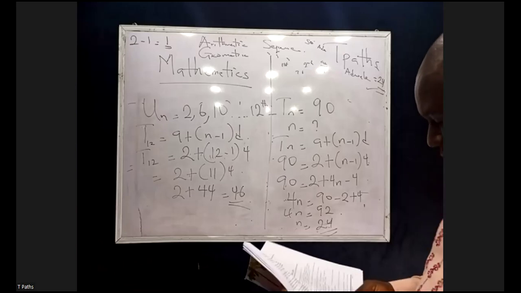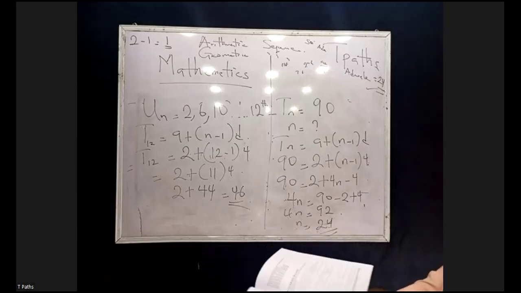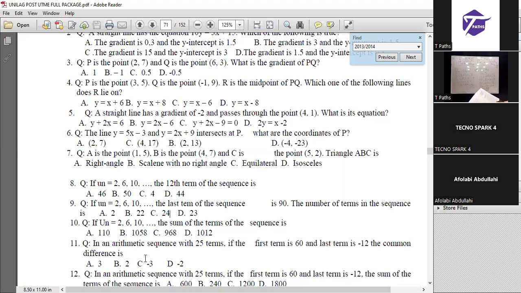Now, the last question for today is number 11. It says, in an arithmetic sequence with 25 terms, if the first term is 60 and the last term is -12, find the common difference. Good. Now, this one is direct.